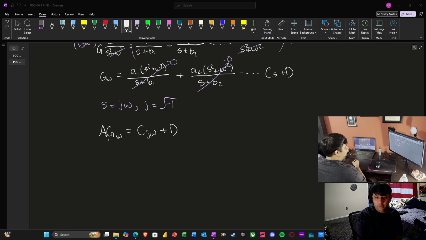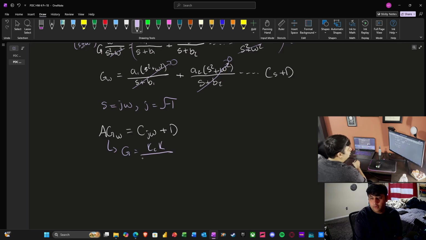And so now what we're going to do is make this G equal to K_C K over τs + 1, which we're also going to expand to τjω + 1.